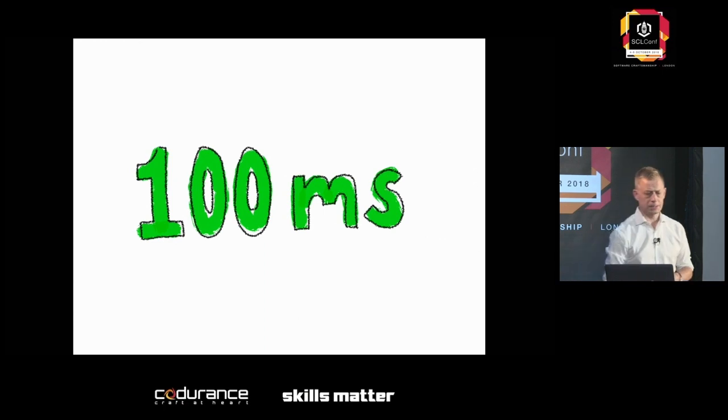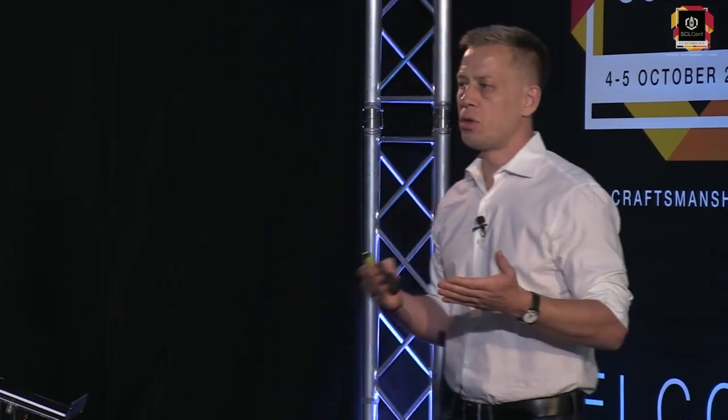So 100 milliseconds, that's the limit for an average human being to get the perception that the system they're interacting with is reacting or responding instantaneously, right? You cannot really distinguish between something that responds instantaneously or in 100 milliseconds. It feels pretty instantaneous.